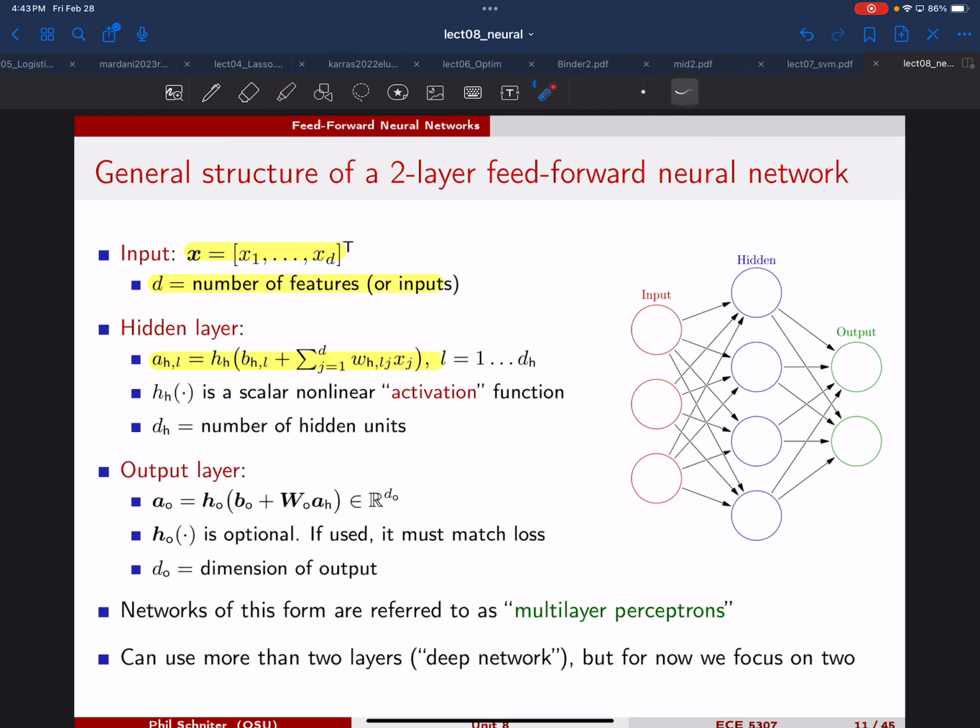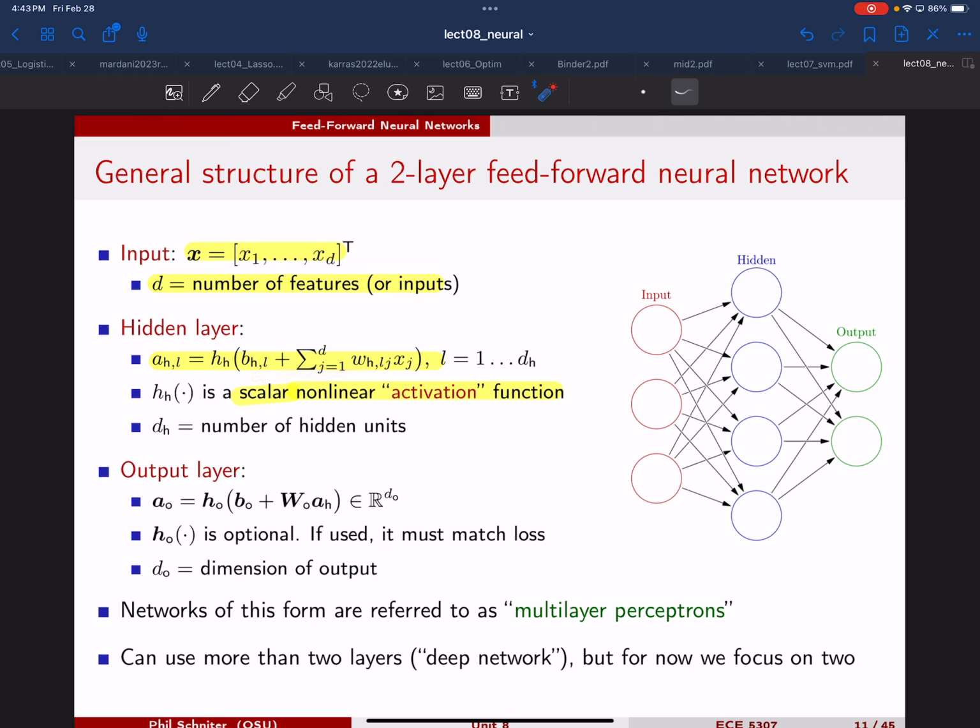You're going to take those raw features, you're going to do some linear combinations of them, scaling them, shifting them, and you're going to put it through some nonlinearity. The nonlinearity is going to be called an activation function. That function is just going to be a scalar function. So it takes in a scalar, outputs a scalar.